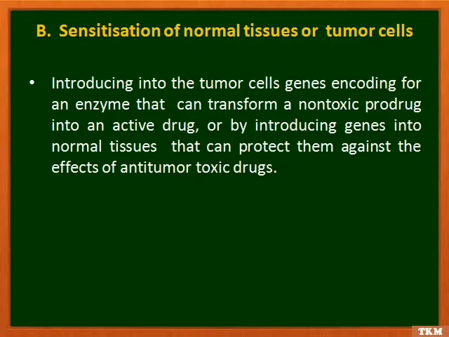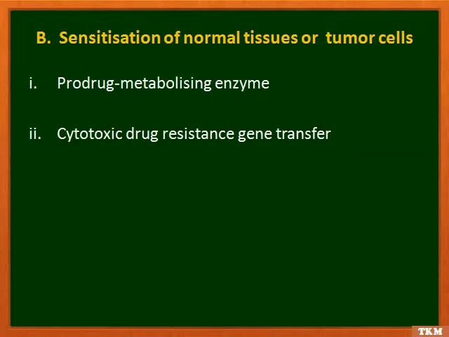There's one more approach in which we sensitize the normal tissues: we introduce genes into the normal tissues that can protect them against the toxic effects of the anti-tumor drugs. So these are the two approaches: prodrug-metabolizing enzyme and cytotoxic drug resistance gene transfer.